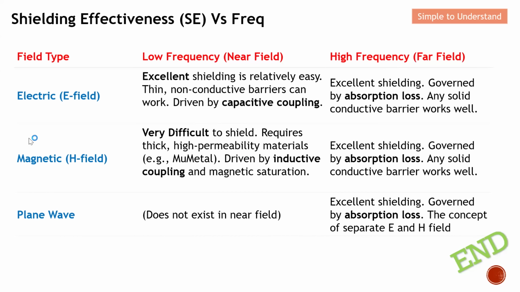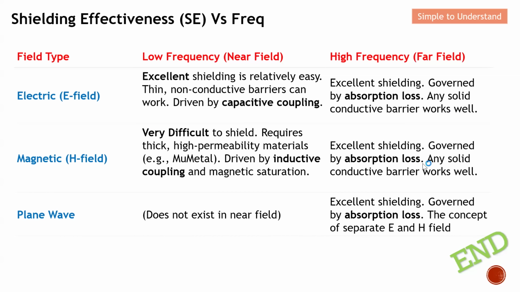If your noise source is a low frequency magnetic field, then you are going to have a bigger problem to solve. These two are the same, as I mentioned that for far field they are classified under plane wave.